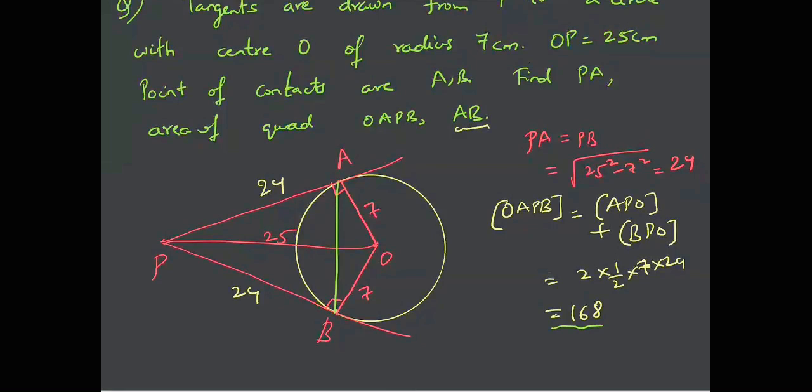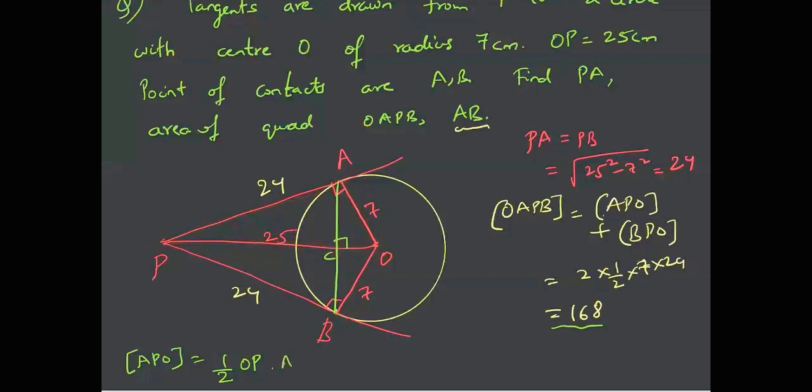So area I can write it as area of APO plus area of BPO, but area of APO is half times OP times, say this is perpendicular, right? Because in a kite diagonals are perpendicular. So if I take the base as OP, then height will be AC. So area of triangle APO is half times OP times AC.